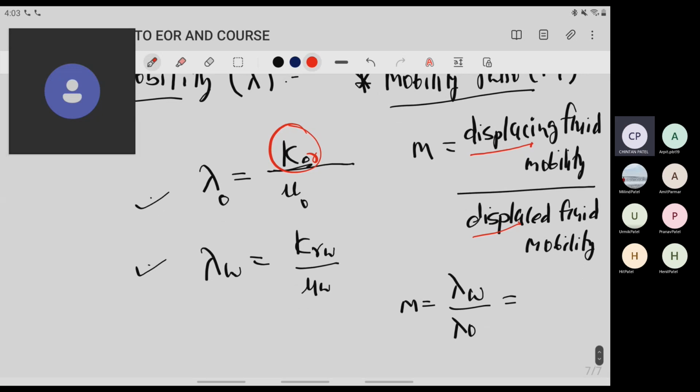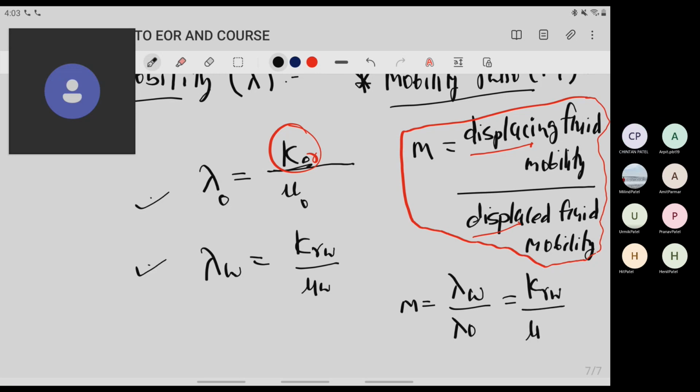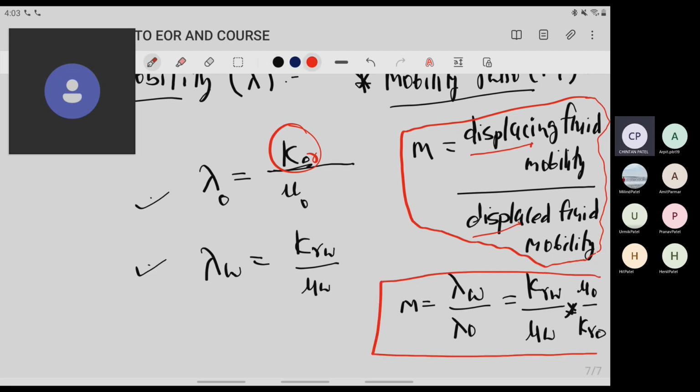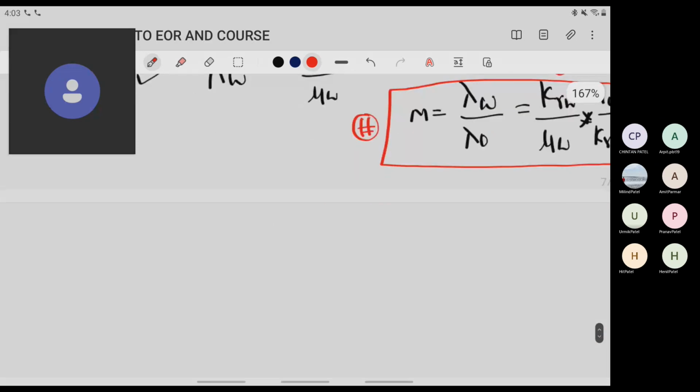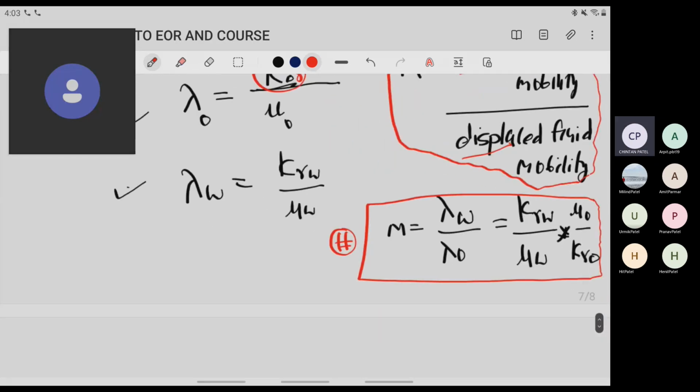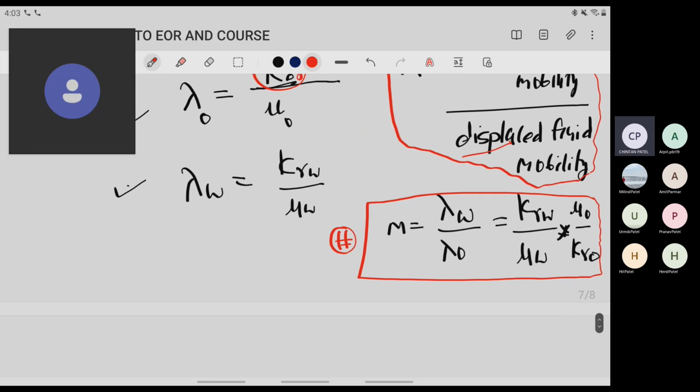Before this, I would like to write this entire formula. If this is the formula for the mobility ratio, I have just substituted the values of lambda w and lambda o.